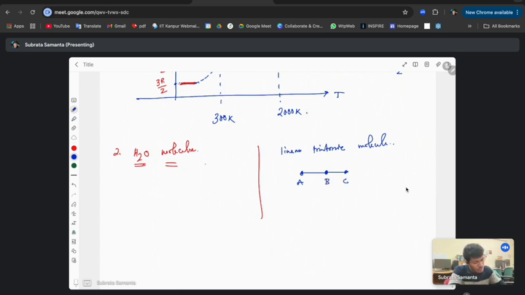In this case the total degrees of freedom at room temperature, around 300 Kelvin, is 7: 3 translational plus 2 rotational plus 2 vibrational. So the total degrees of freedom is 7.